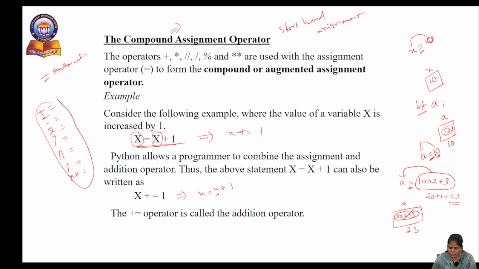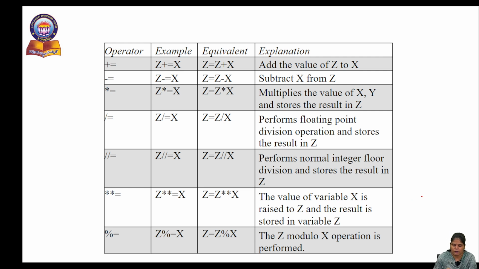The first x value is taken and added to 1, and the output of this is stored again where? In x only. There is no need for any other third operand. The same operand can be used for performing some operation on a value, and the output is again stored in the same operand, right? Here we have some examples.